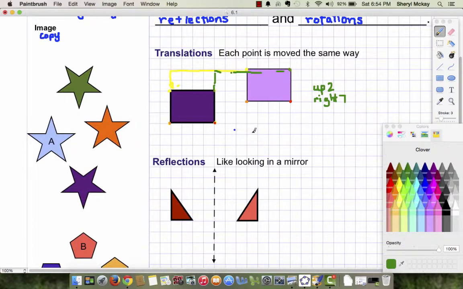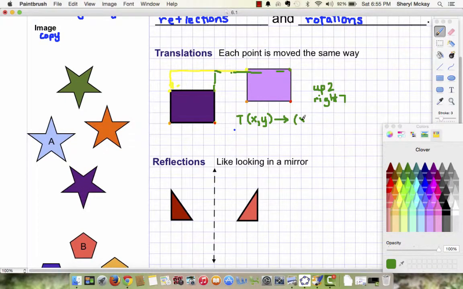One way that we notate this is we say the transformation of each point (x, y) translates to (x + 7, y + 2), right, because we went to the right 7, and up 2.